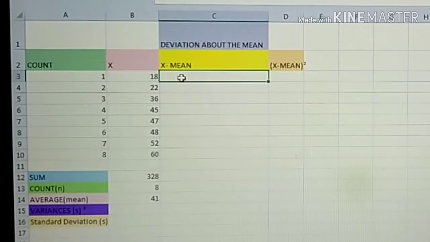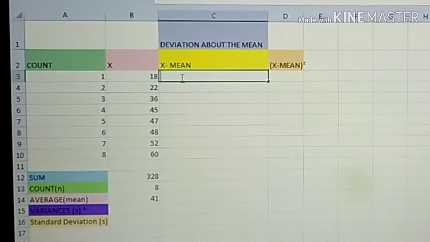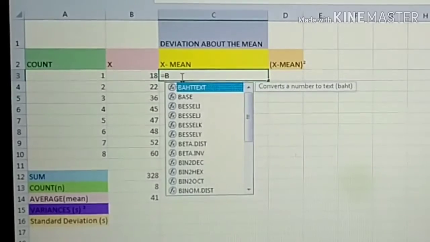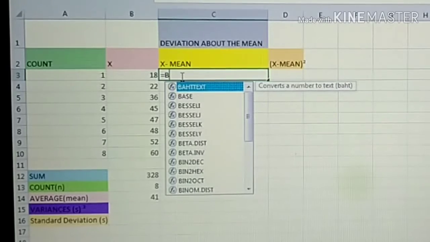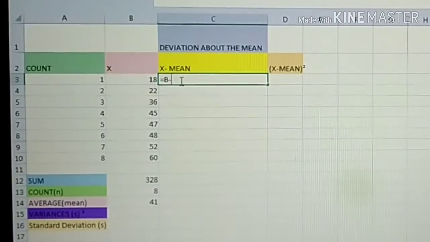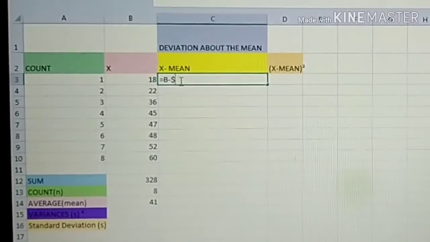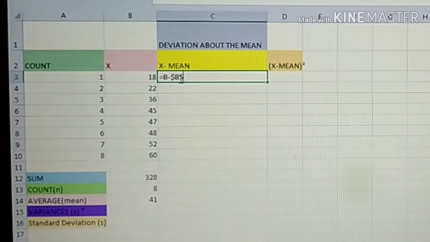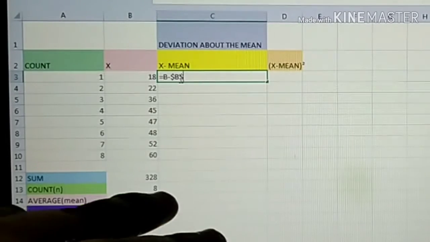So, equals B minus, then dollar sign, then B, dollar sign again, then 14.